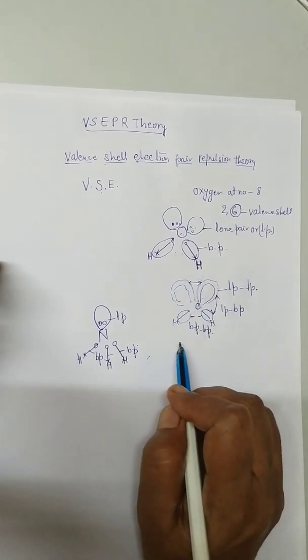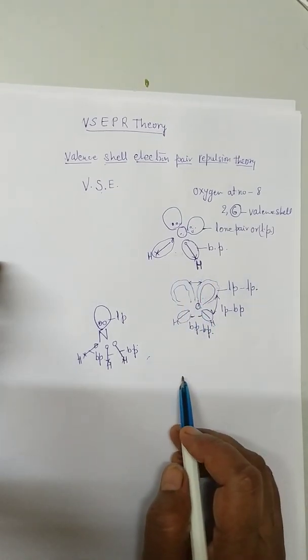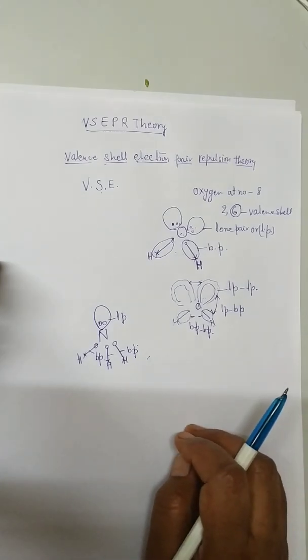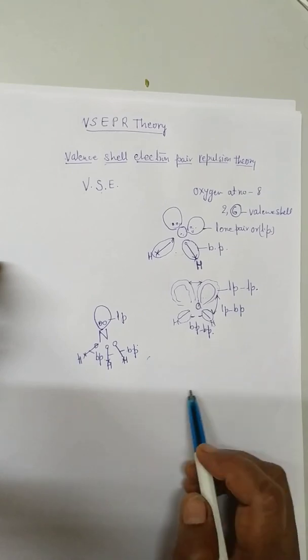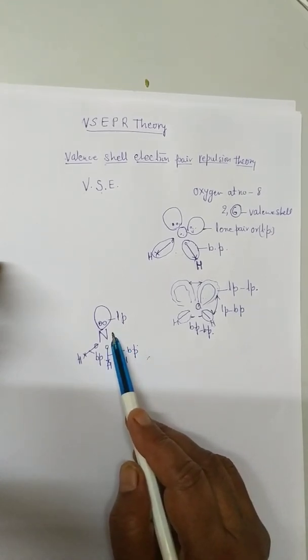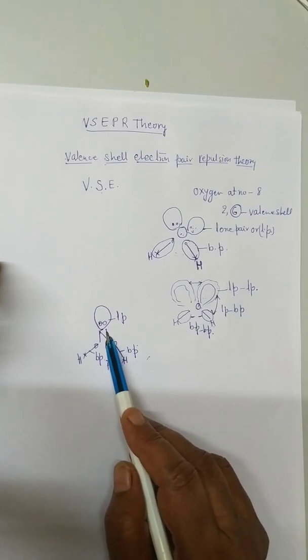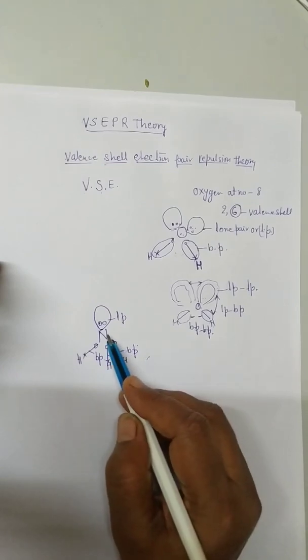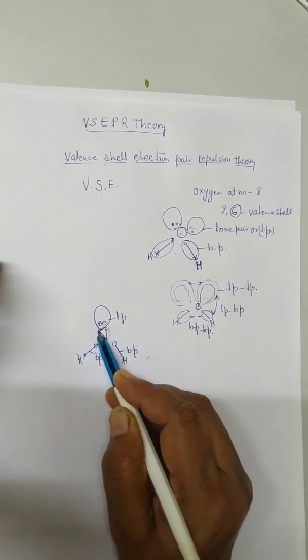Now this is quite clear that the shape and geometry of covalent molecules depends upon the force of repulsion between the electron pairs around the central atom.